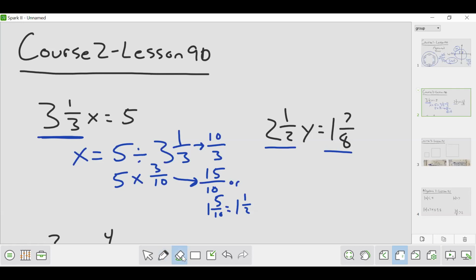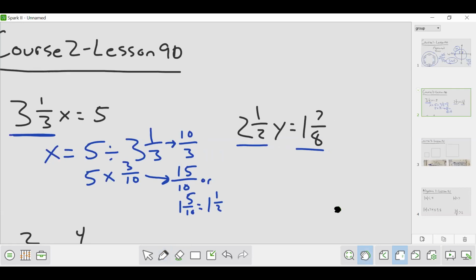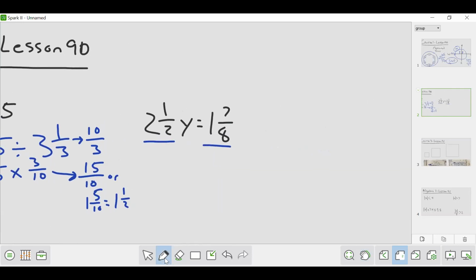All right? I'm going to move over here and give myself a little more room. All right? I have to change this to an improper fraction. So I'm going to write 5/2, because 2 times 2 is 4 plus 1 is 5. So 5/2 y equals 15/8.